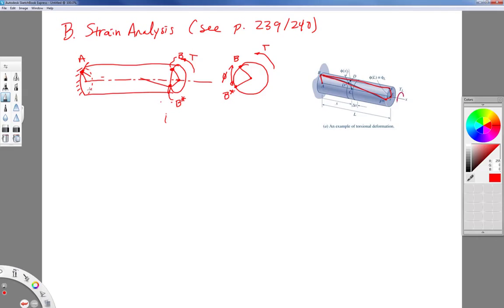It'll be kind of hard to do on this tablet that I have, so I'll just do it freehand the best I can. Okay, so originally there was a straight line that went from A straight across to B, but now it's turned a little bit. It's rotated.